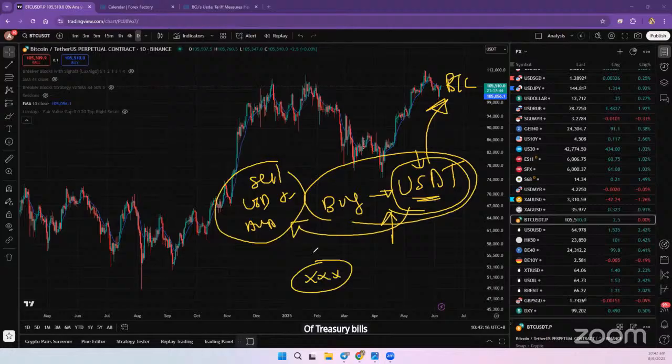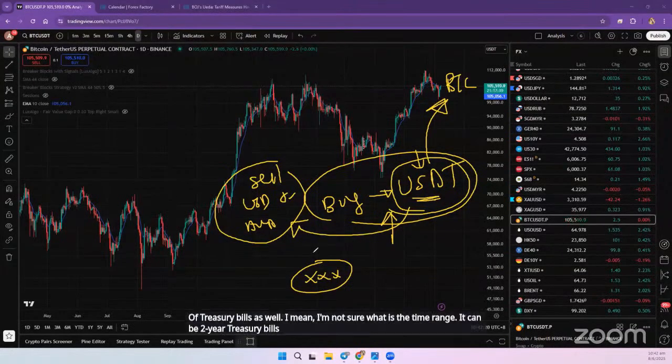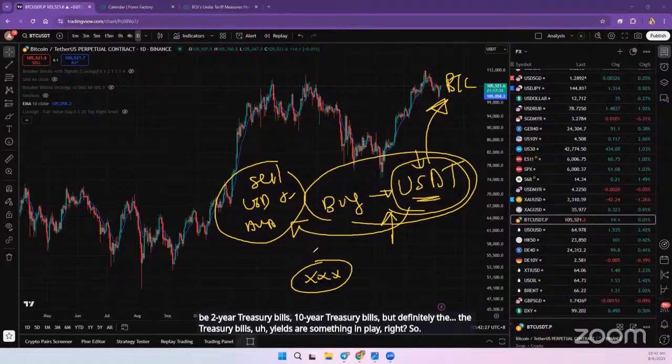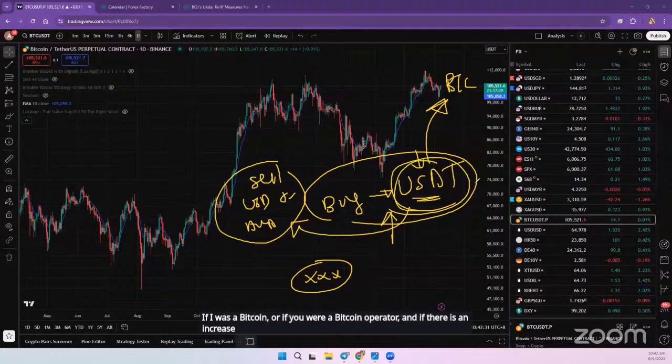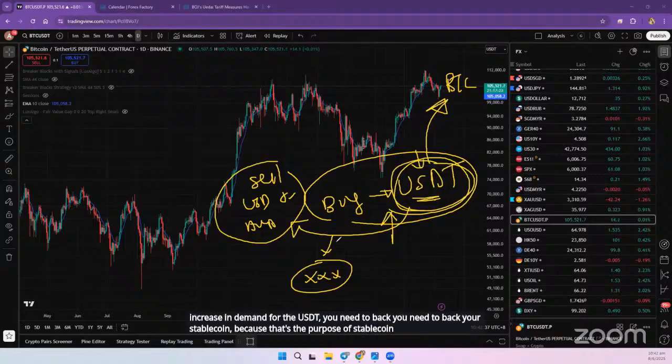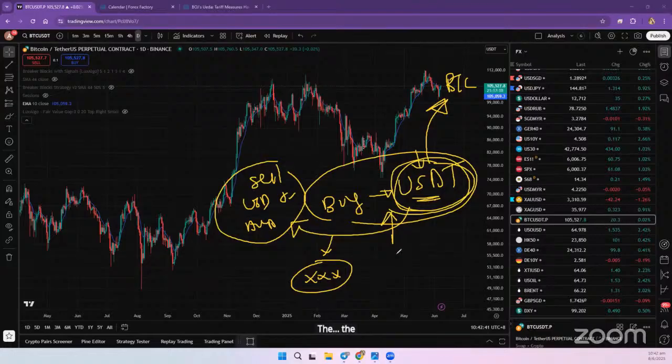I'm not sure what the time range is. It can be 2-year treasury bills, 10-year treasury bills, but definitely the treasury bill yields are in play. So if you were a Bitcoin operator, and there is an increase in demand for USDT, you need to back your stablecoin, because that's the purpose of stablecoin. You're going to hedge, you're going to trade in the US yields, and this is what's going to happen.